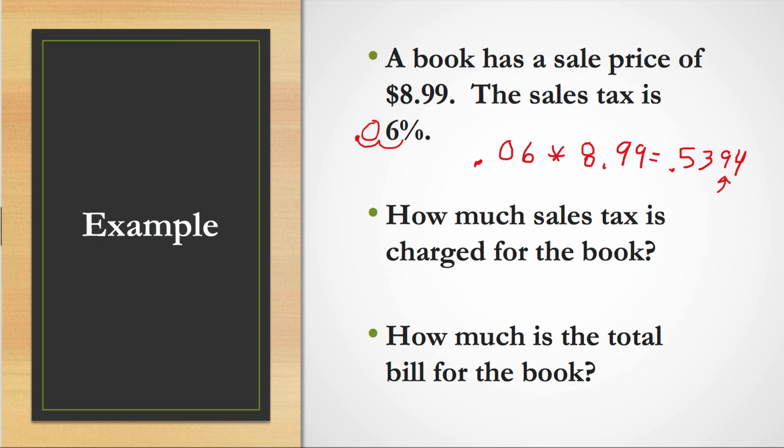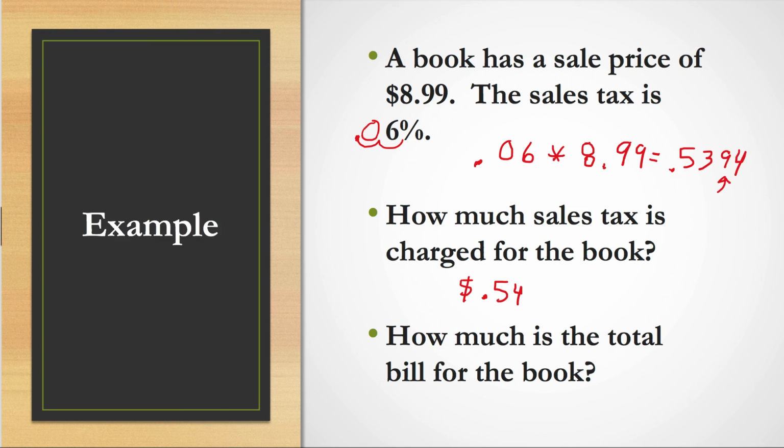Since we have a 9 in that location, that 0.53 is going to bump up to 0.54. So that is the sales tax being charged for the book. I'm going to write that right here: we pay 54 cents for sales tax.